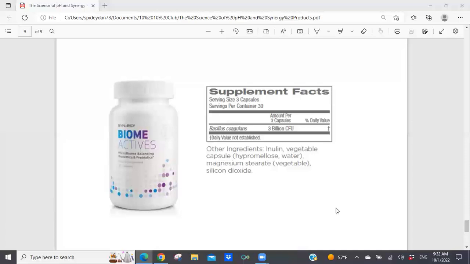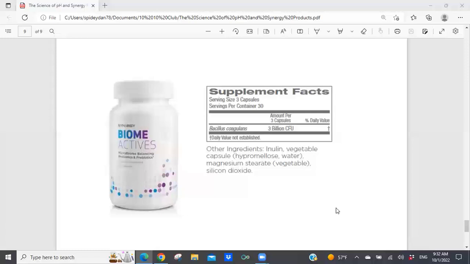One of the nice things about it is it's called Bacillus coagulans. It's a spore. Usually you don't take spores because when they germinate, they usually have a negative effect on the body. This is a spore that actually has a positive effect.